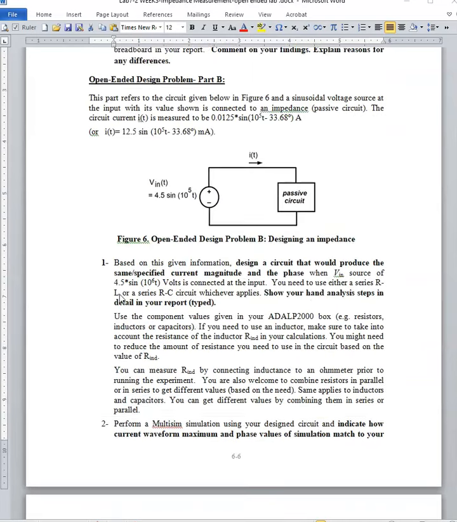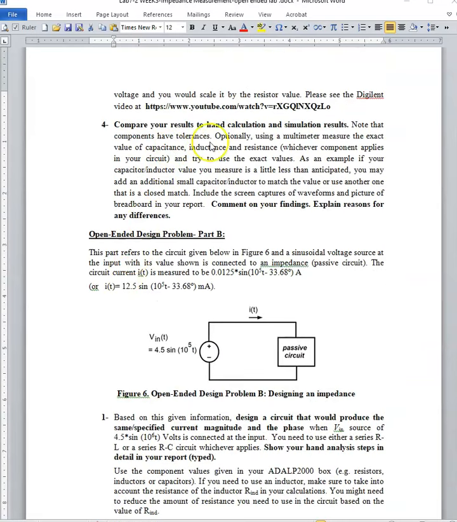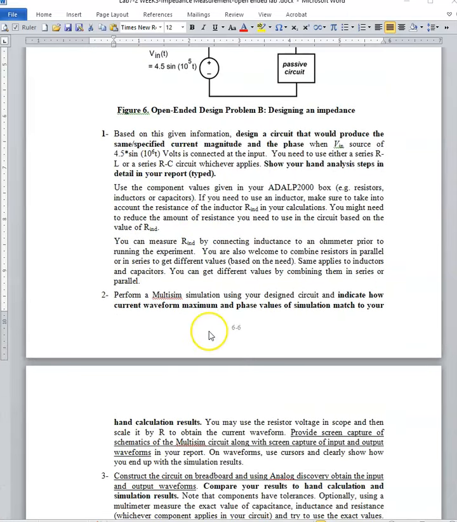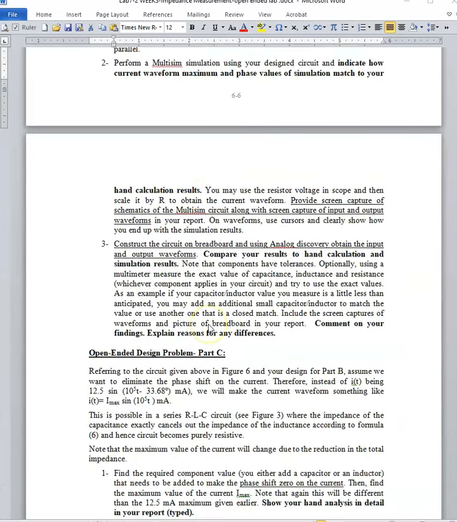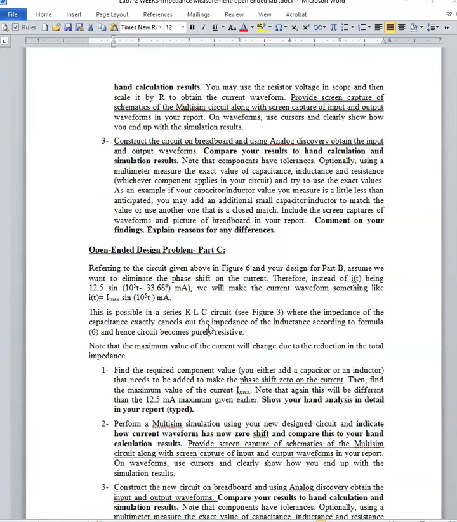Optionally, you can try to match your hand calculation and simulation results by exactly using the measured values. This is just something optional. The last part refers to part B of the procedure, where we wanted to make this phase shift disappear.